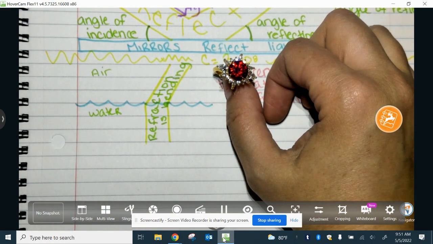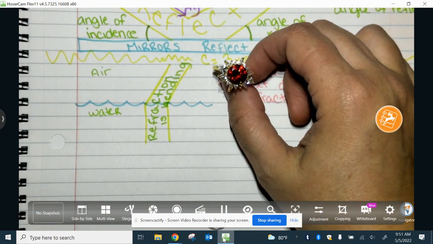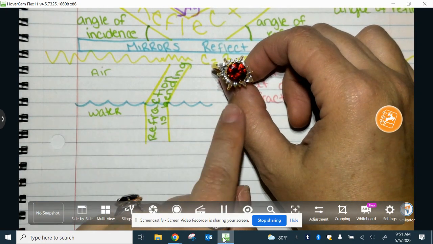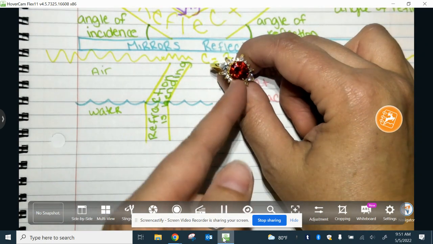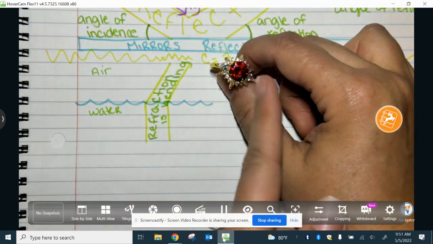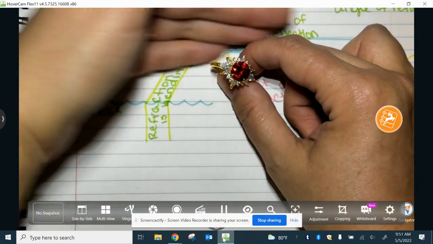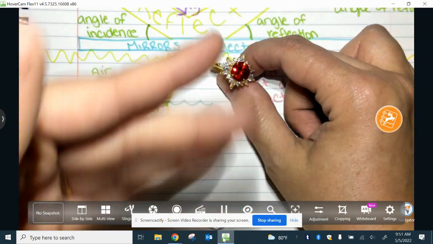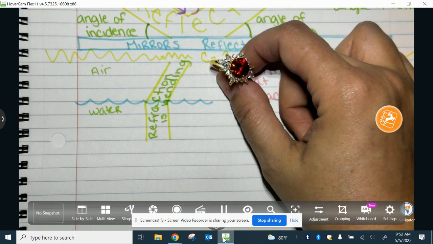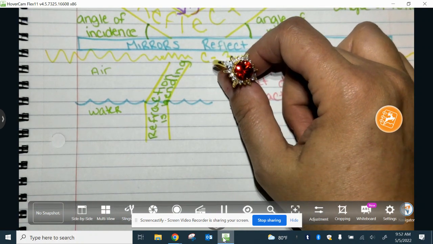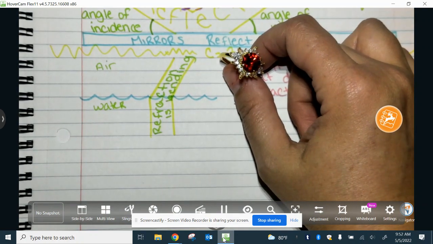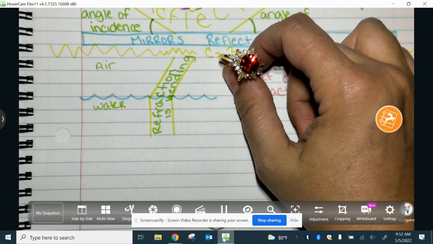But if I took it to a jeweler, they would take a small laser and shine the laser through the jewel, and the light would come out at a different angle. And they would put it on a protractor that measures that angle and see if this is actually a ruby or whatever it happens to be or not. Does that make sense? So we use this quite a lot.